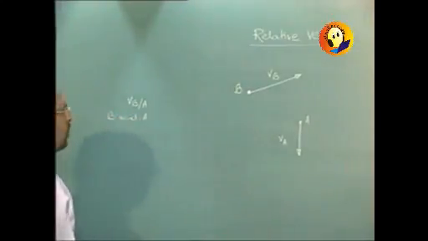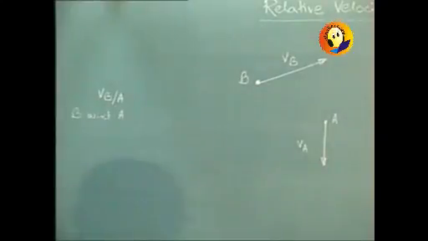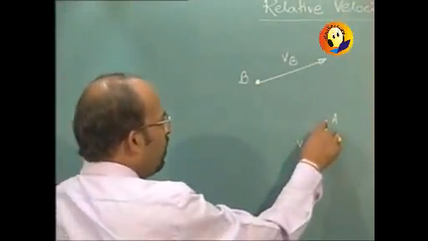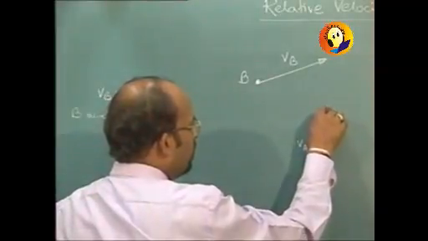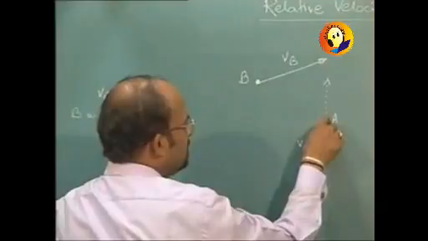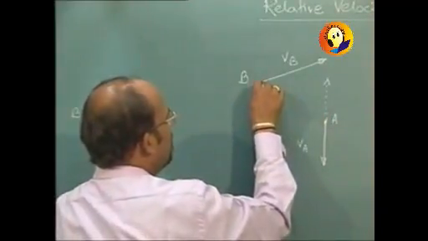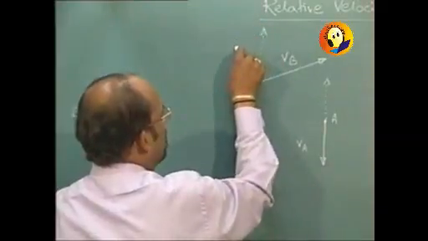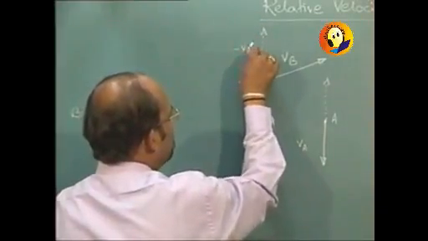That means A should be made stationary. Now, if A is to be made stationary, then we will have to apply the velocity to A in the opposite direction, having the same magnitude, but the same velocity will be also applied to B. So, this is minus VA that we are applying.